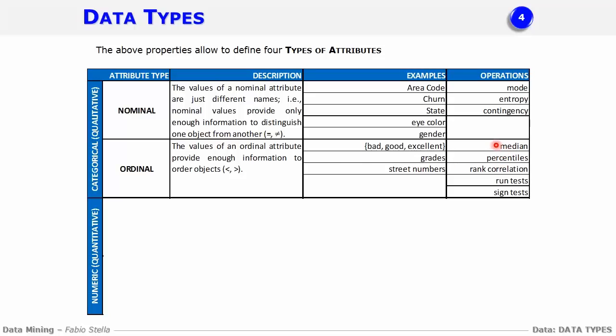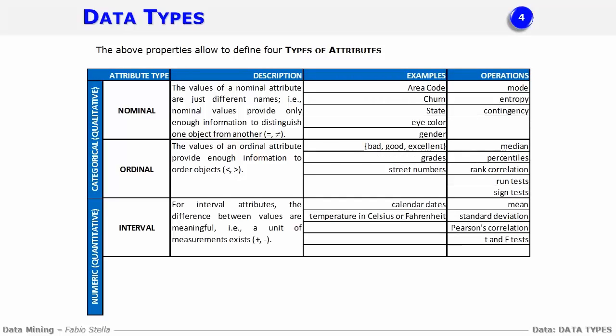The allowed operations on ordinal attributes are to compute the median, percentiles, to compute rank correlation, and to perform run and sign tests. We also have to point out that the nominal and ordinal attributes form the so-called categorical or qualitative attributes.